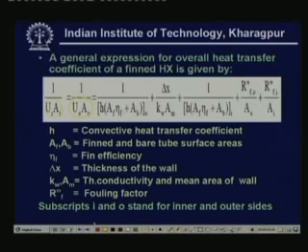Okay. For example, the first resistance, this resistance accounts for the convective resistance of the outer surface, that means that is why the subscript O is there, okay, of a finned heat exchanger. So, this is the convective heat transfer resistance of the outer finned surface, that is resistance 1.